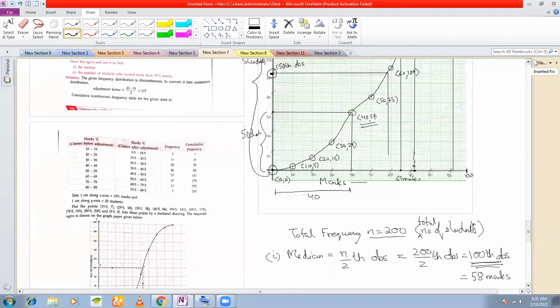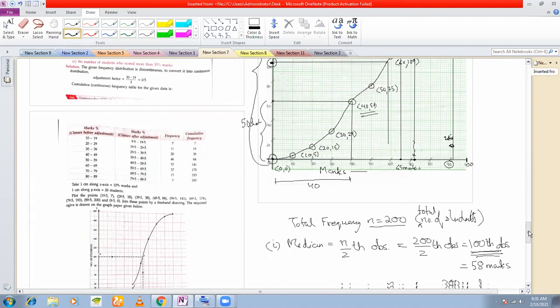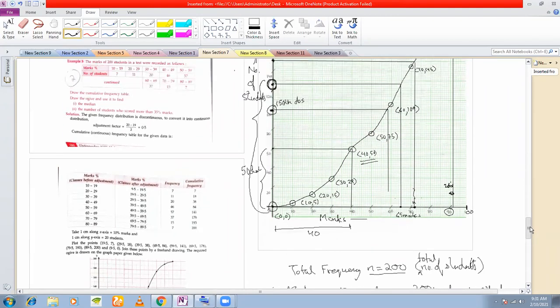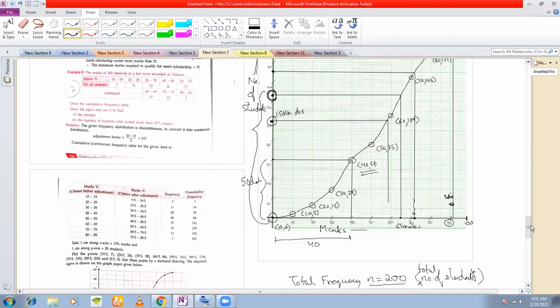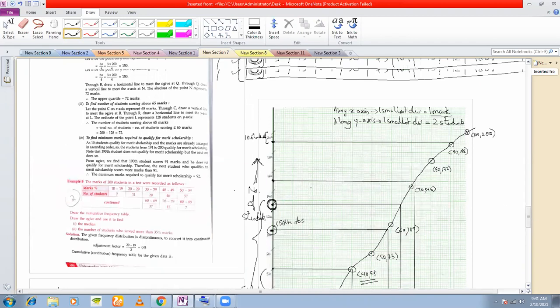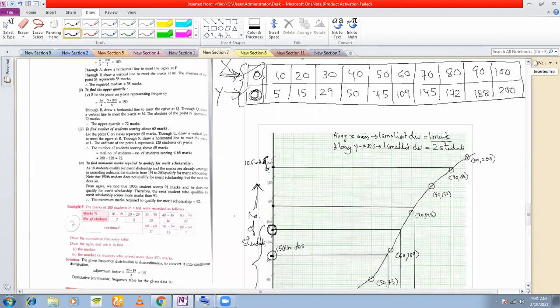So this is your point 90, and I think this length here is 2 divisions, and along the x-axis each division is 1 mark. So 10 students got above 92. 10 students only qualified for the scholarship, right? All the below students did not qualify.